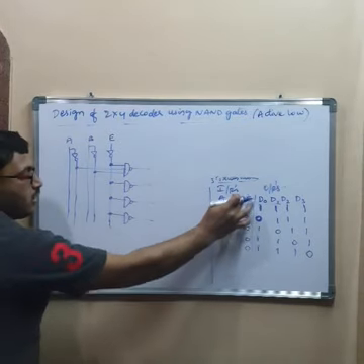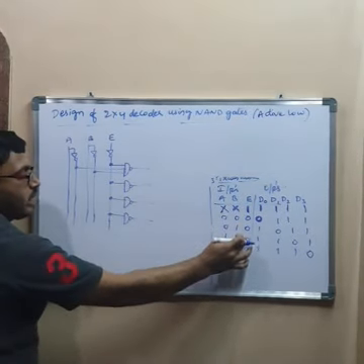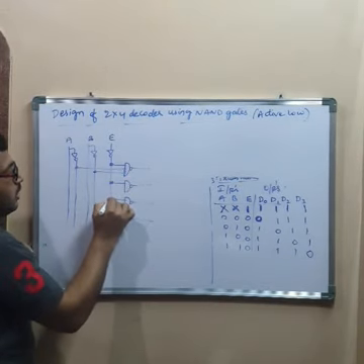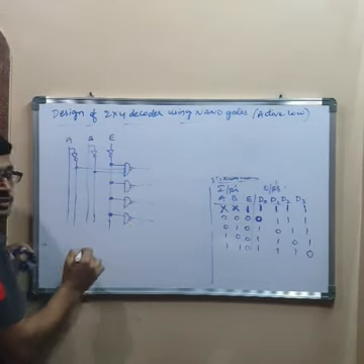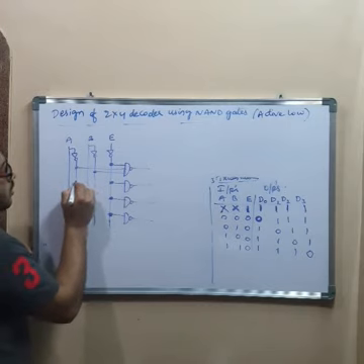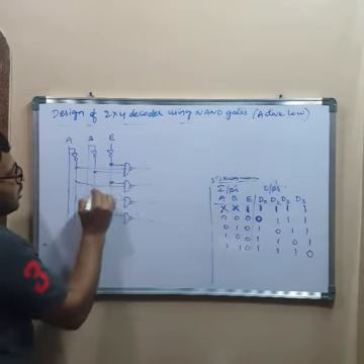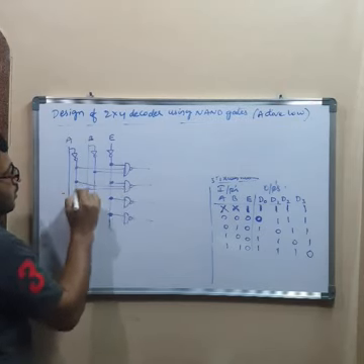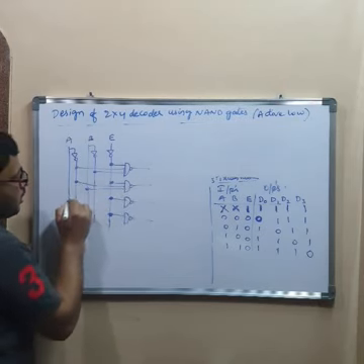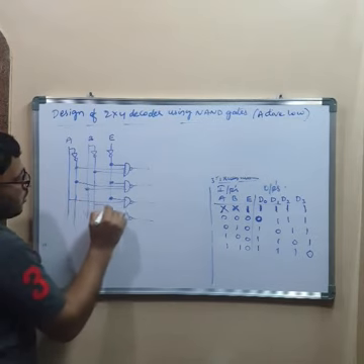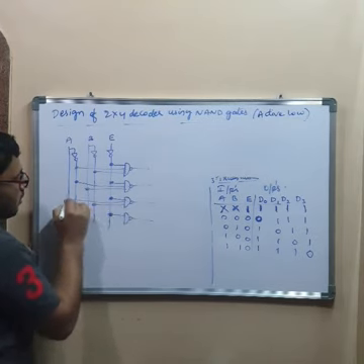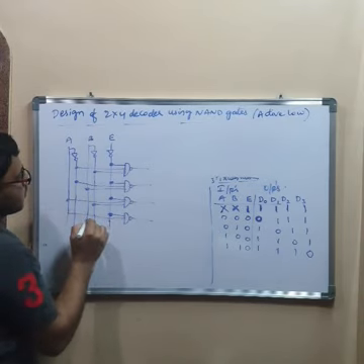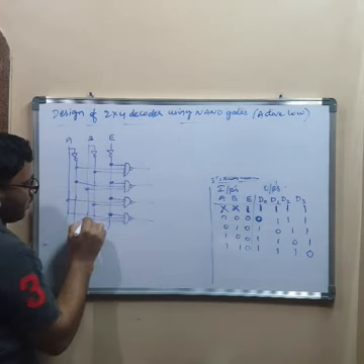So for all the combinations you have to activate the enable input. For that reason we have to connect the enable input to all the AND gates. This is A bar, B; A, B bar; next A, B.